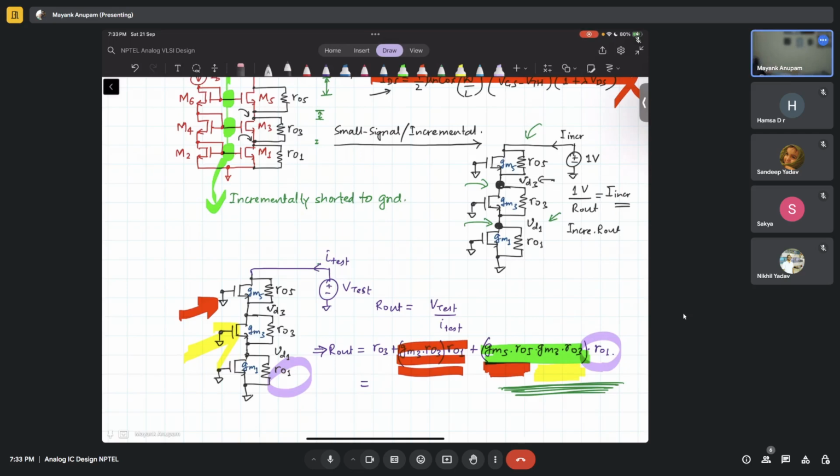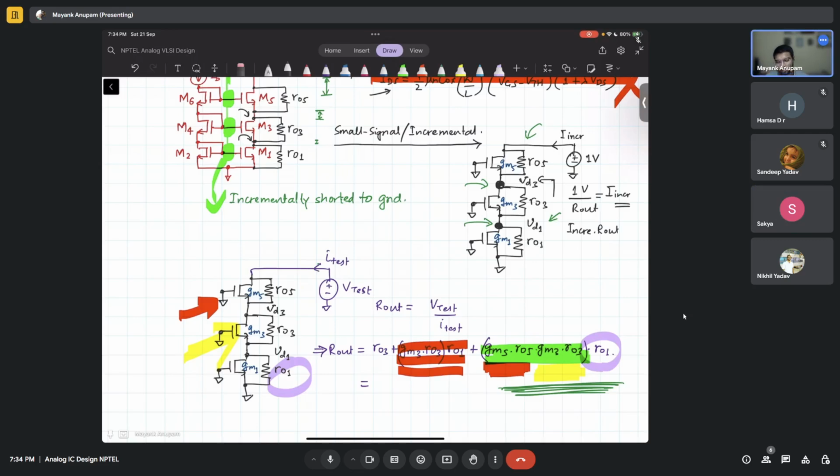Try it, okay? And then this will be higher, right? That will be one total voltage minus this, right? One minus I incremental times R out at VD3.